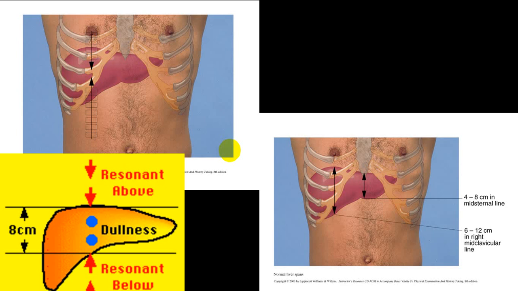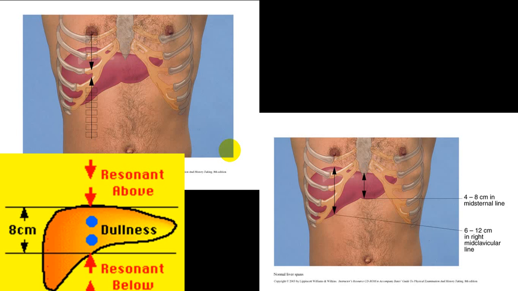The upper border of liver is pushed up, which can be because of a right upper lobe amoebic abscess or pyogenic liver abscess. Now the important part, if you want to identify this as liver, you will have to ask the person to take a deep inspiration and then repeat the percussion.